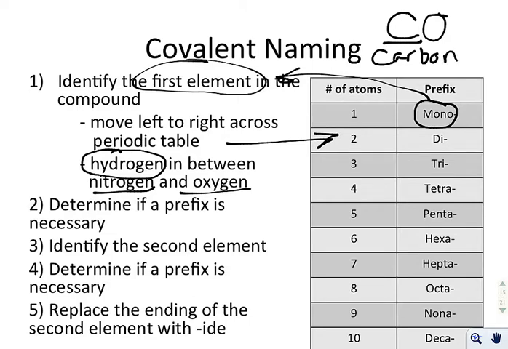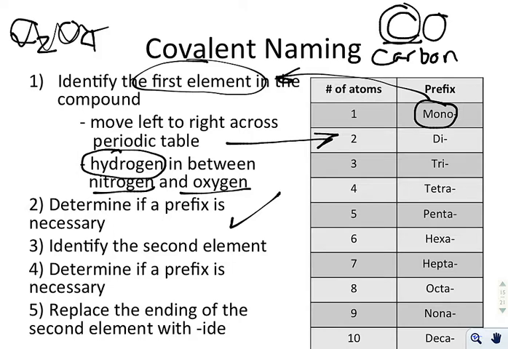So there is no prefix if there's only one thing for the first element. Now, if there's two, if you have something like C2O4, you could say it's dicarbon, but in this case, that's not what we have. So we've determined if a prefix is necessary.